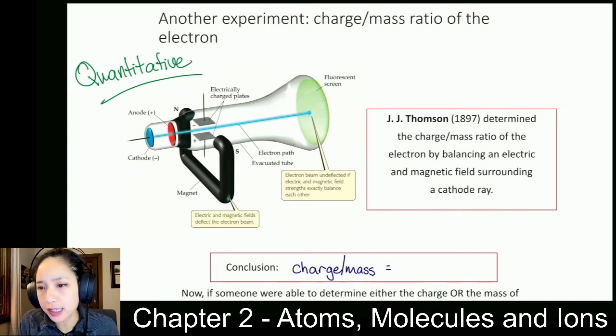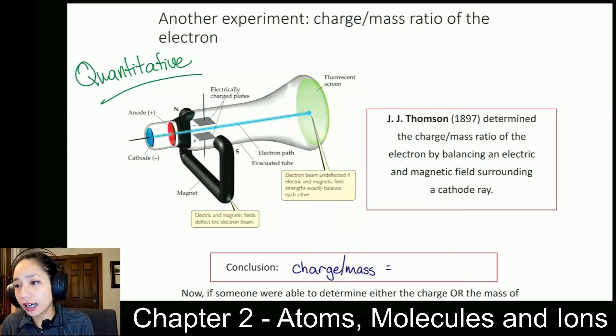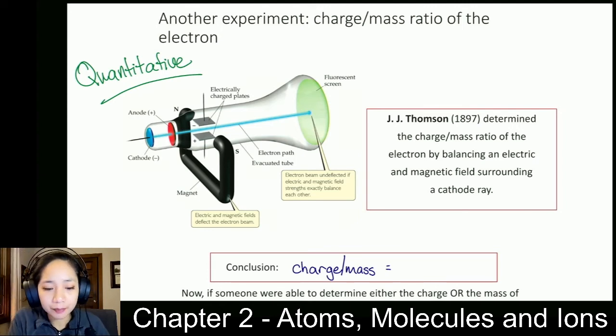It's a little bit fancier, but it still has to do with the cathode ray. So he took essentially a cathode ray tube and sent high voltage electricity through it to make the cathode ray, the electron path. Same thing as the experiment above. But what he did differently is that he set up both an electric field and a magnetic field around the cathode ray. He used the electric field first to deflect the ray, the electron path, in one direction.